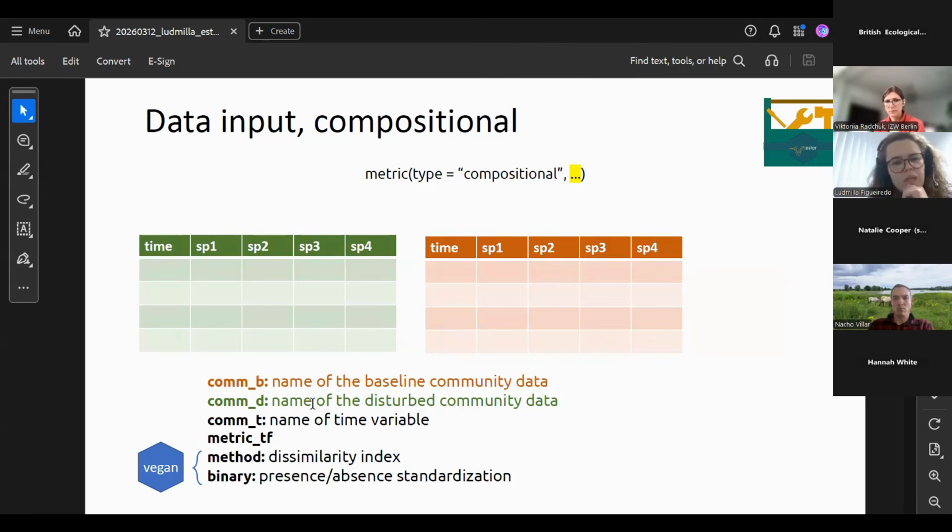The way we calculate community dissimilarities is based on the vegan package. So you also can define which type of dissimilarity you want to calculate, and whether you standardize for presence absence data. But you can see it's more straightforward.